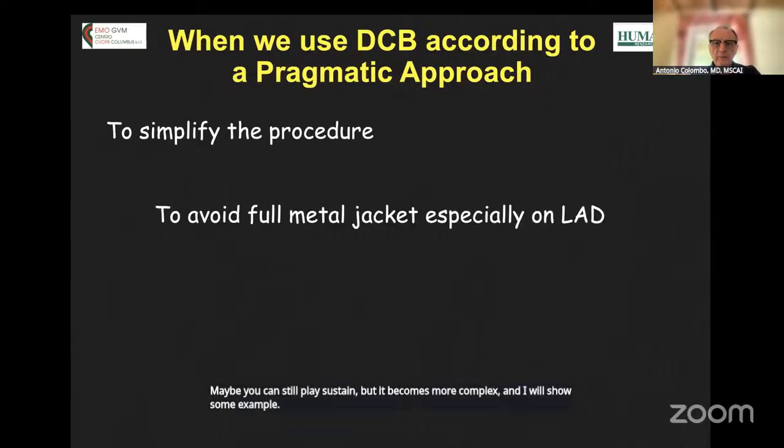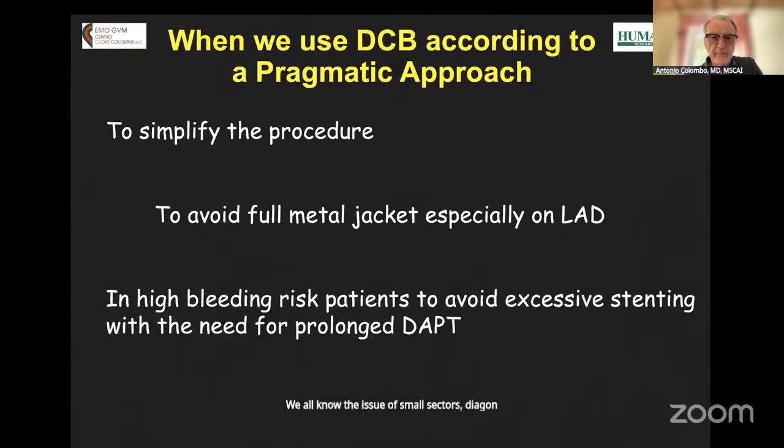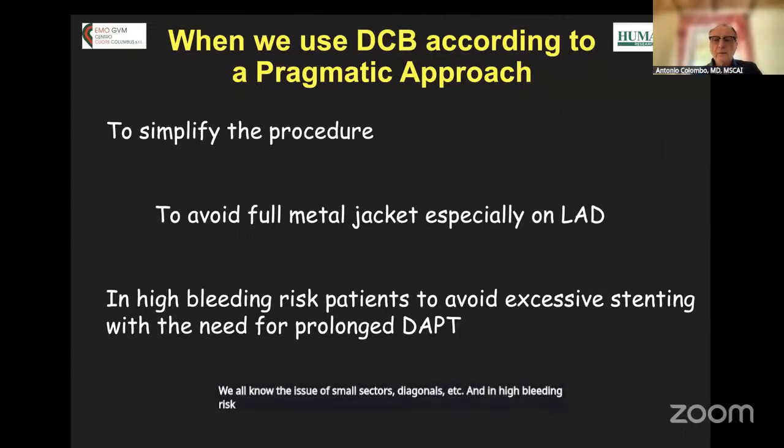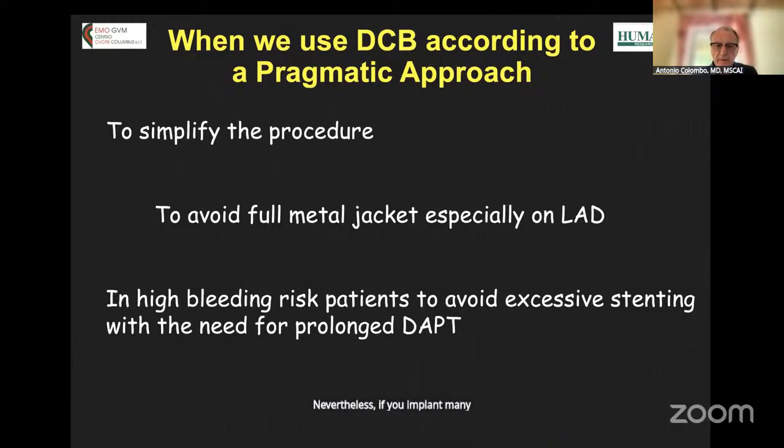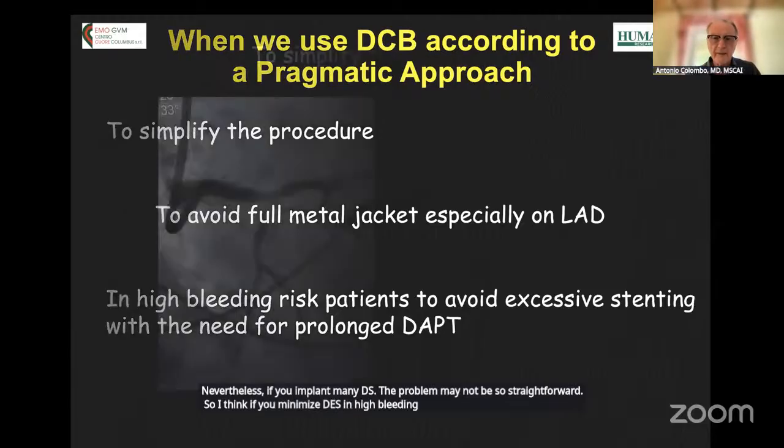To avoid full metal jacket, especially for long lesion on the left anterior descending. We all know the issue of small septals, diagonals, etc. And in high bleeding risk, I know that with DES you can have a very short dual antiplatelet. Nevertheless, if you implant many DES, the problem may not be so straightforward. So I think if you minimize DES in high bleeding risk patient, that may be an advantage.